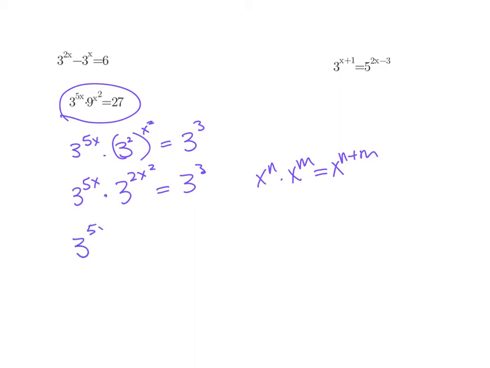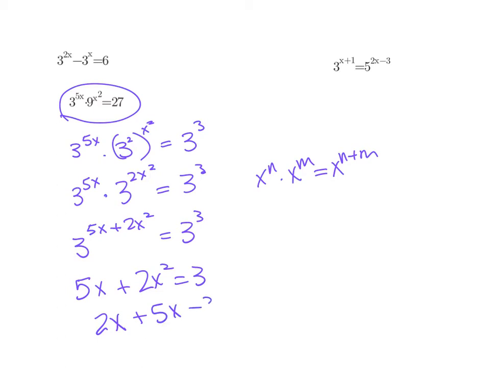So that becomes 5x plus 2x squared. And now we have things with a like base on each side. So those bases can just go away, and we can just solve this. And now we're down to that.